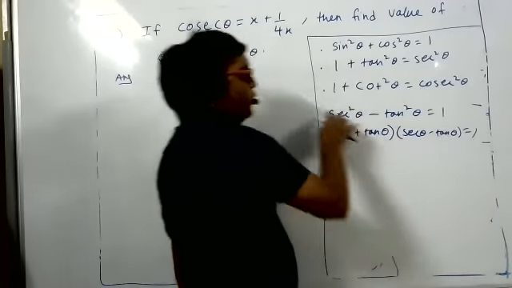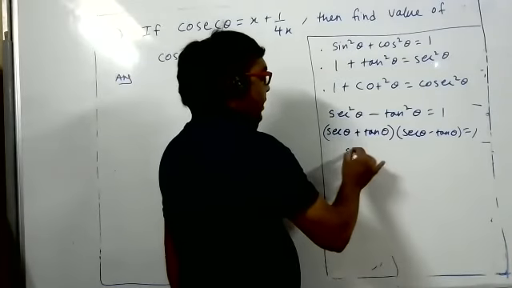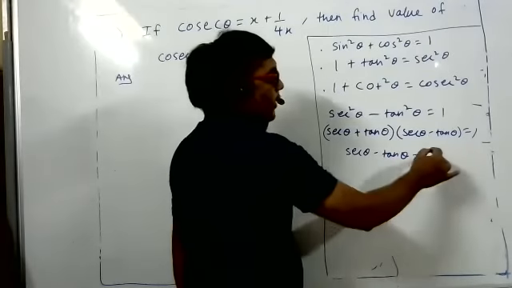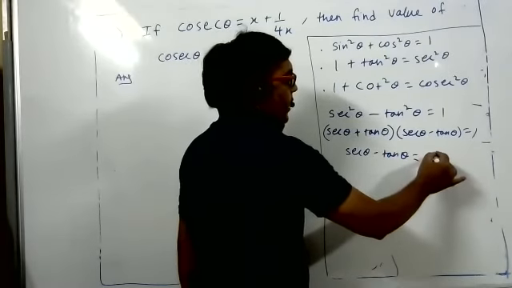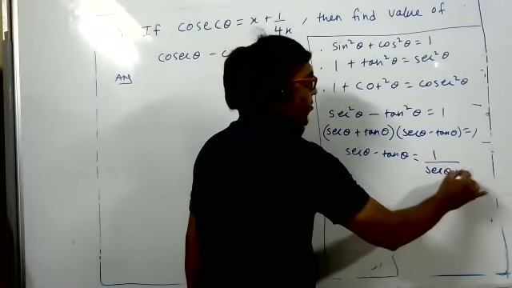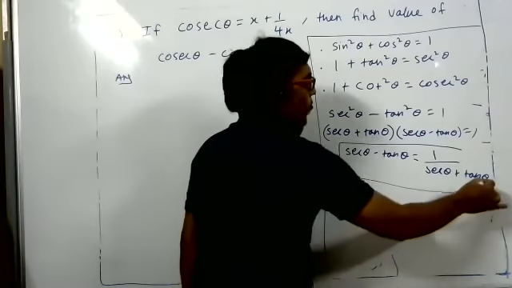Who has doubt in these two steps? Then I can write it as secant theta minus tan theta. One of the factors I will take in the denominator. I can write secant theta minus tan theta is equal to 1 by secant theta plus tan theta. This is one formula you have to memorize.